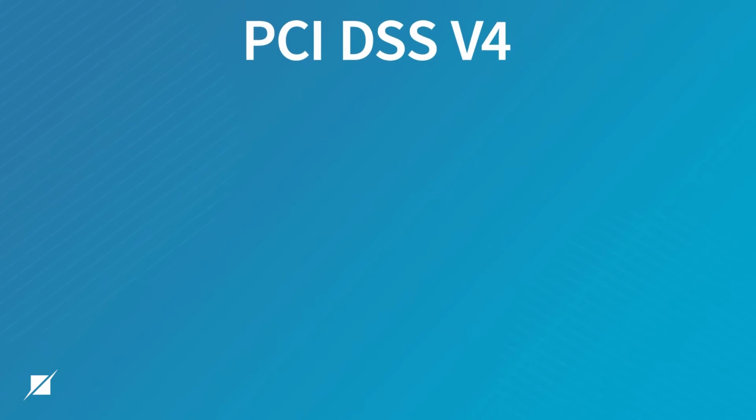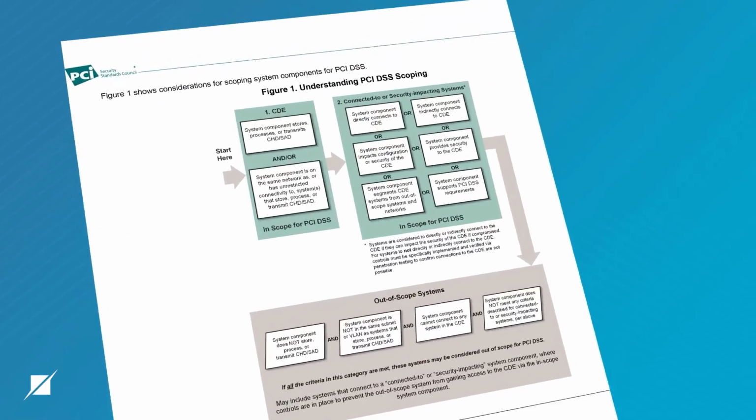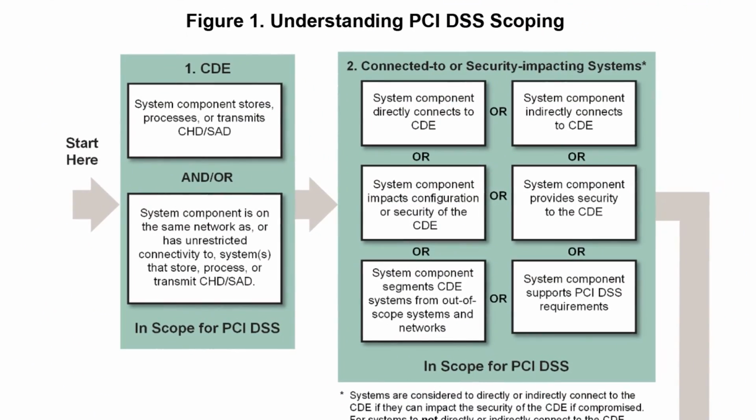This is requirement 12.5, and within this, organizations are going to be required to validate their scope on an annual basis. Right? After March 31st, 2025, service providers will need to do this biannually. One of the most effective ways that some of my current clients go about this is they use the classifications that you see here on the diagram to classify and mark systems in their inventory.